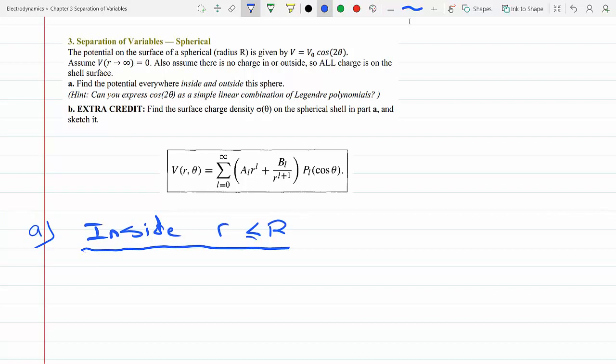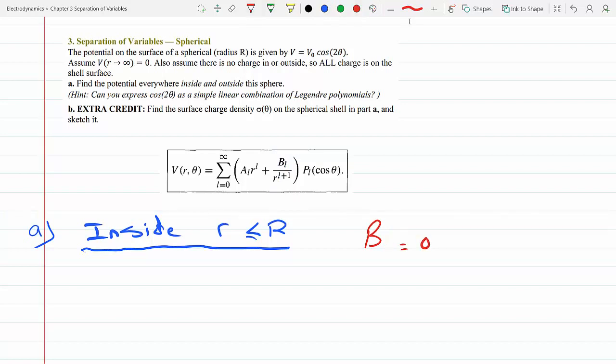Okay, we know for this case at the center where r equals 0, this term here becomes 0. So if this term becomes 0, we get BL over 0, which is infinity. So this term would blow up. For that not to happen, we do have to set, in this case, BL equals 0.